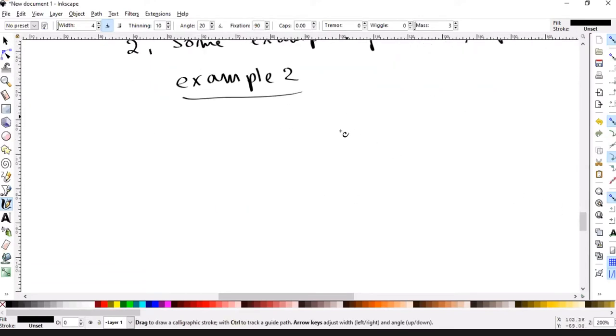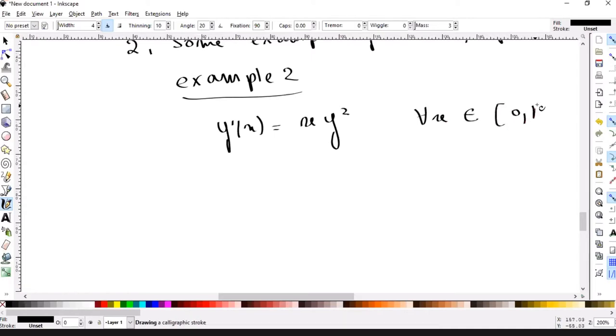All right, so example 2, y prime of x is equal to x y squared, with x belonging to 0 to a, and y of 0 is equal to 1.